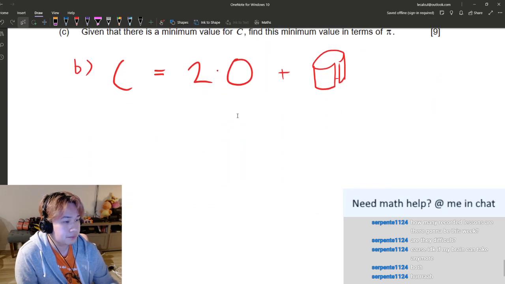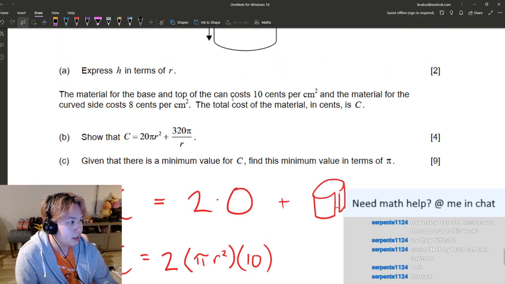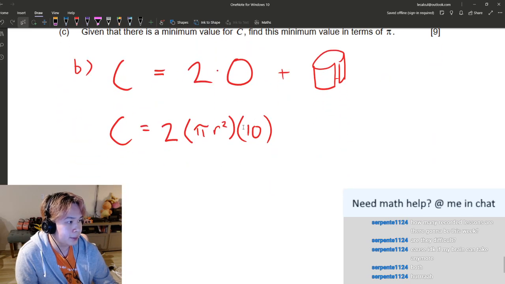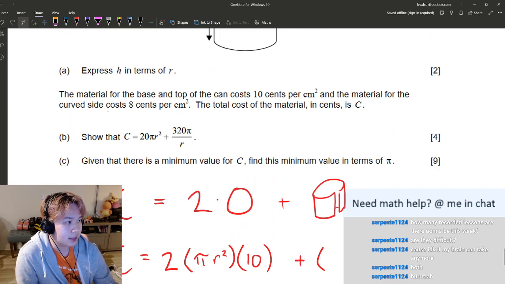The area of the circle is pi r squared, and the cost of that area is 10 cents per unit. So I take the area, multiply by 10, and then multiply by 2 because there's a top and a bottom. And then the cost of the cylindrical wall is 8 cents.